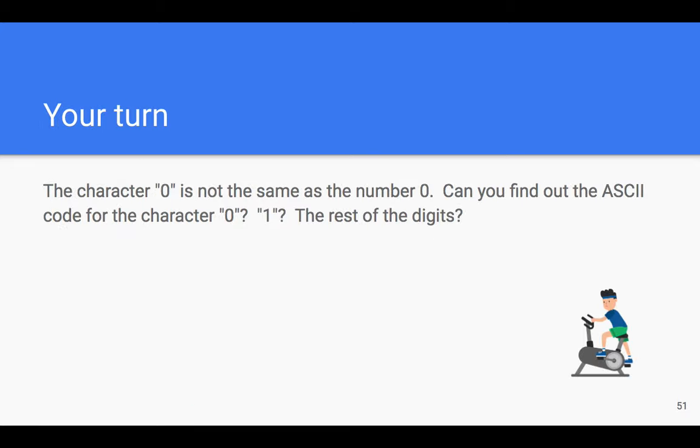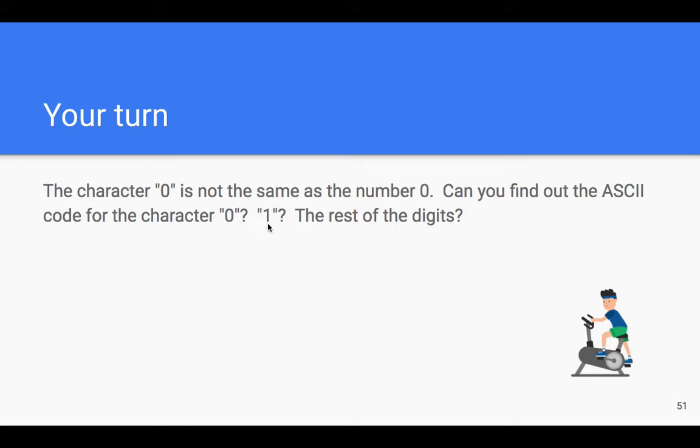Now maybe it's time for you to give this a try. Note that the character 0, because it's in quotes, is not the same as the number 0. So the character 0 is not mapped to ASCII code 0. Can you write a short piece of code and find the ASCII code for the character 0?